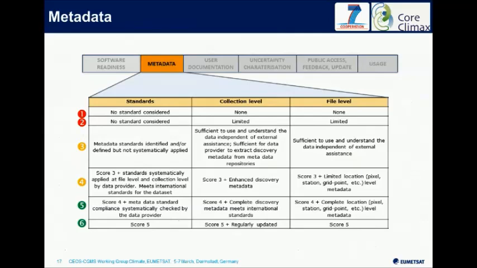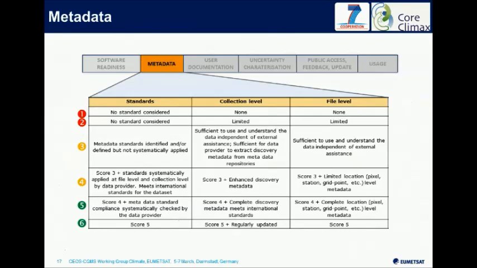So it could be an international standard like the CF standards, or it could be organizational standards that one could follow. But it's important that a data set developer is following some standards and sticking to the standards. So the maturity goes like how well they are sticking to the standards.